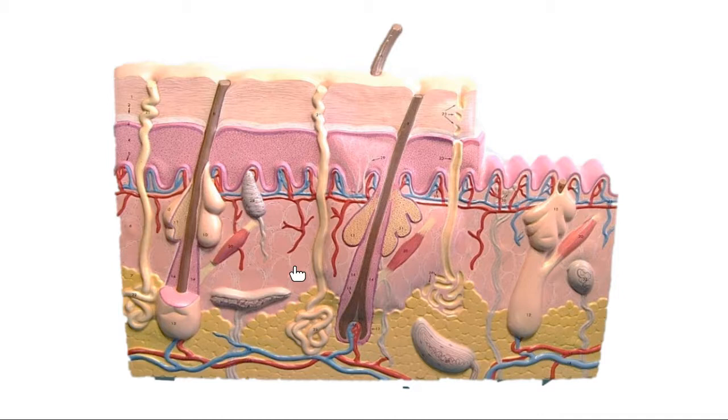So I'm going to go through and help you do some labeling of these structures. And as we label them, I will talk to you a little bit about what they do. So you need to be able not only to identify these structures, but also to explain what they do. You've got lab packet activities for both of those.